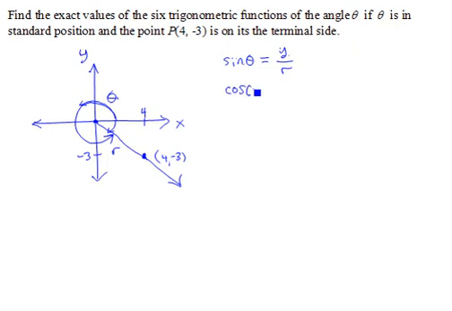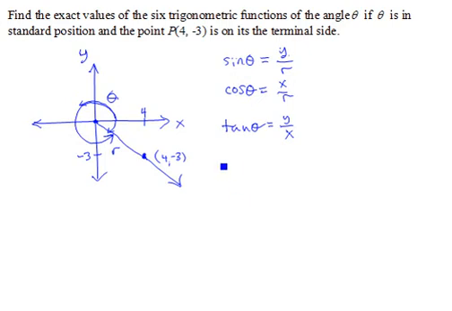Likewise, cosine of theta is x over r, tangent of theta is y over x, and the cosecant, secant, and cotangent are just the reciprocals of what I've just written. So we'll fill those in in a second.